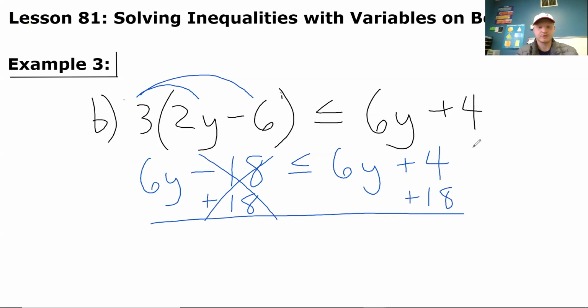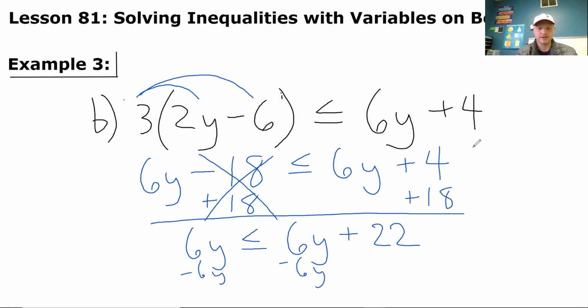Then you're going to have 6y is less than or equal to 6y plus 22. Our last step, subtract 6y from both sides. You're going to notice that you have 0 is less than or equal to positive 22, which is true. So this statement is true.